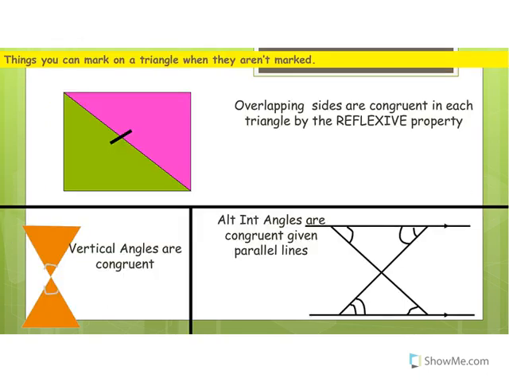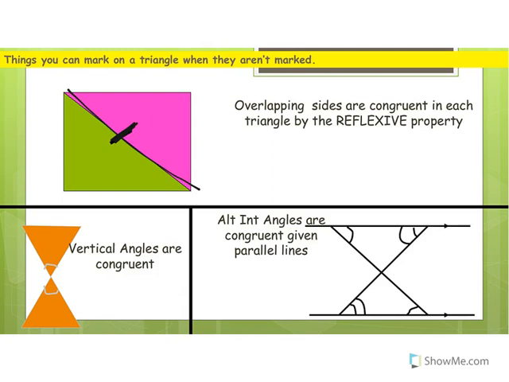Okay. Things you can mark on a triangle when they are unmarked. So when we try to prove, we will mark our drawing. Overlapping sides are congruent in each triangle by the reflexive property. So here we have the green triangle and the pink triangle. They share the same side, so we know that this is congruent between the green and the pink triangle.